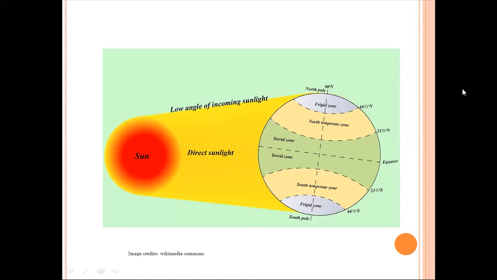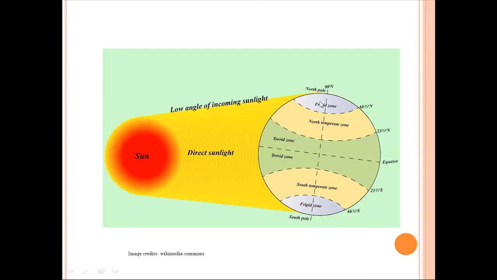And as we move to higher latitudes, that is to 60 degrees north and south, we come across the temperate zone, which is again a cooler region. Then at the poles, there is the frigid zone.